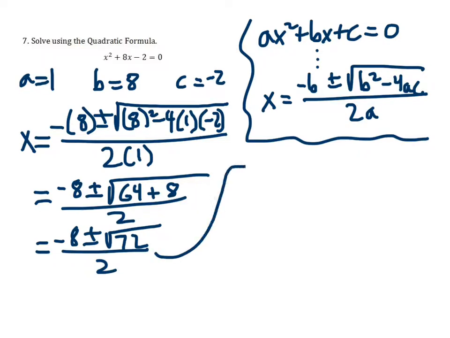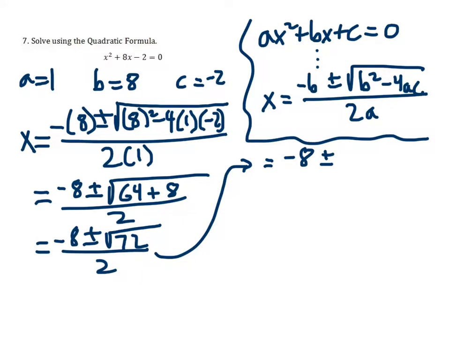So for the square root of 72, we look for a perfect square that goes into 72. And we know 9 does. Keep going though, 36 also does. And so this is the square root of 36 times 2.